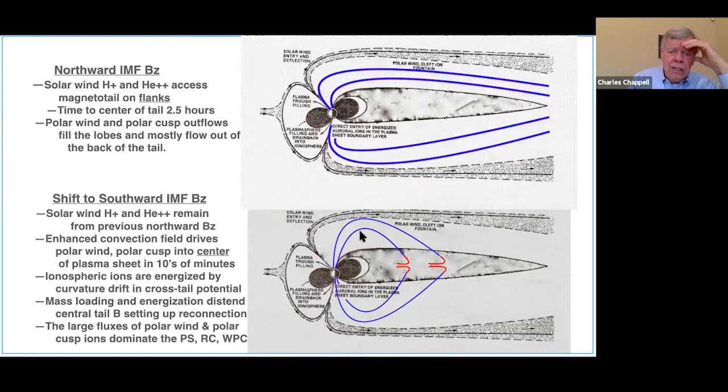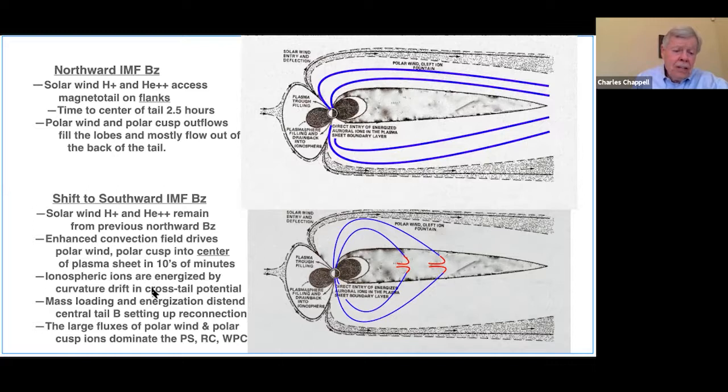Looking at those trajectories earlier, we know that these ion trajectories can get you from the lobe into the plasma sheet in a matter of 10 to 20 minutes. And the energization can take place in less than 10 minutes once the particle is into the distended part. So enhanced convection drives polar wind and polar cusp into the center of the plasma sheet in tens of minutes.